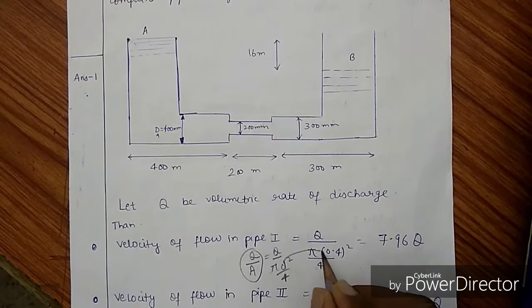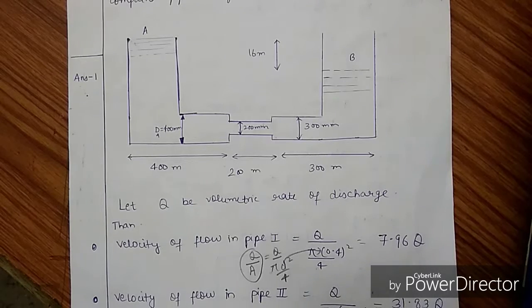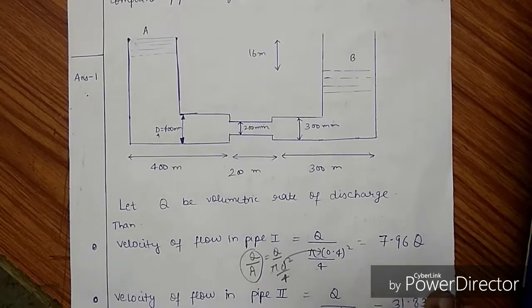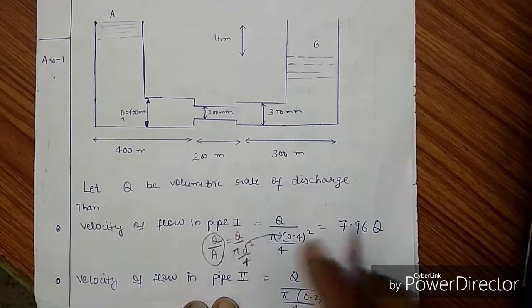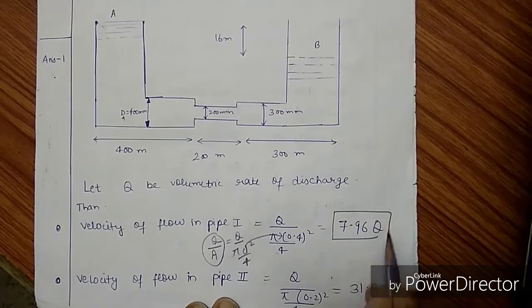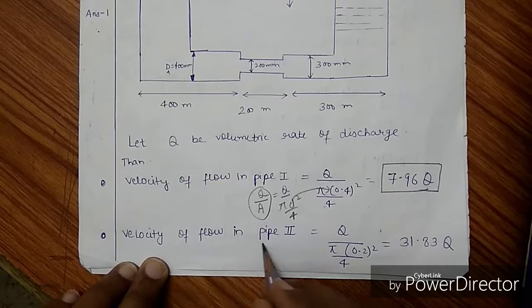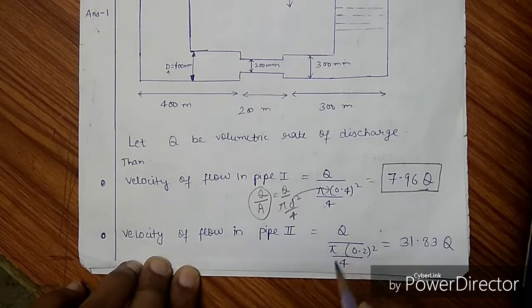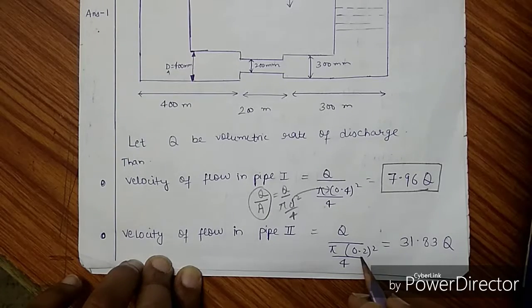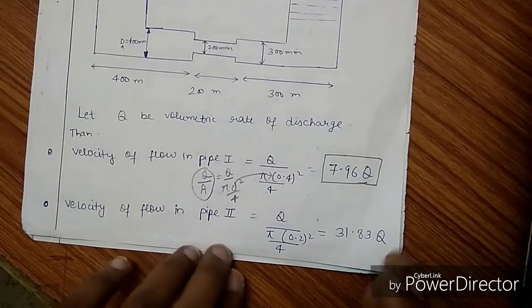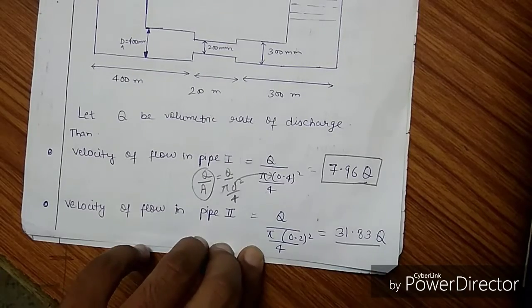We know the diameter for the pipe is 0.4 meters. So the velocity for the flow in pipe 1 comes out to be 7.96 Q. Applying the same rule, the velocity of flow in pipe 2 would be Q upon pi d square by 4, where d is 0.2 meter, and the velocity came out to be 31.83 Q.